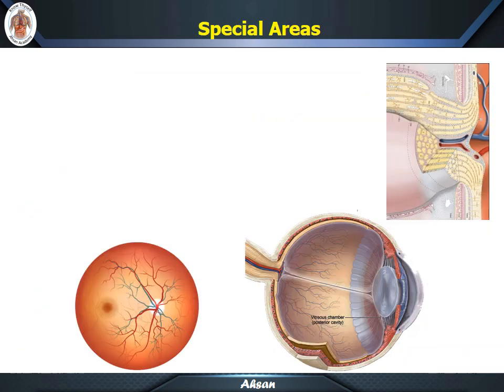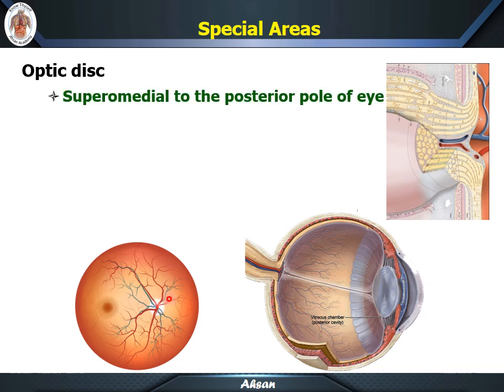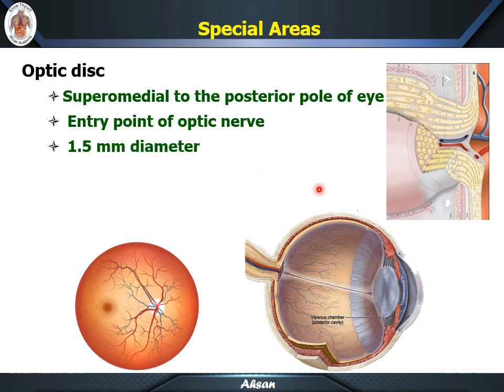Optic disc and macula are the two special areas. Here you can see the optic disc and the macula. Let us start with the optic disc. The optic disc is not at the center, it is medial and a bit superior to the posterior pole, and this is the entry point of the optic nerve.